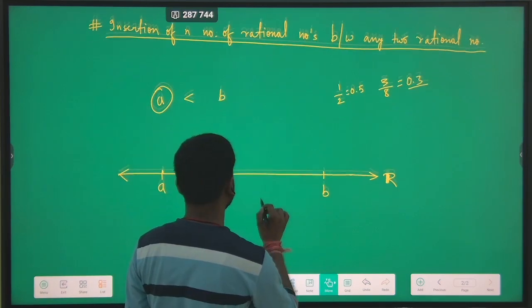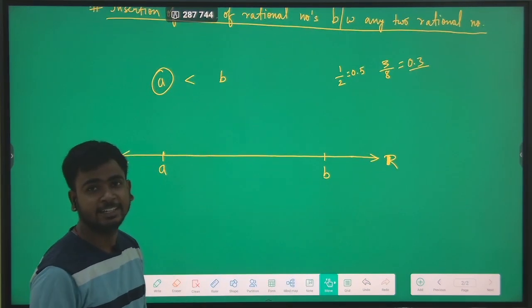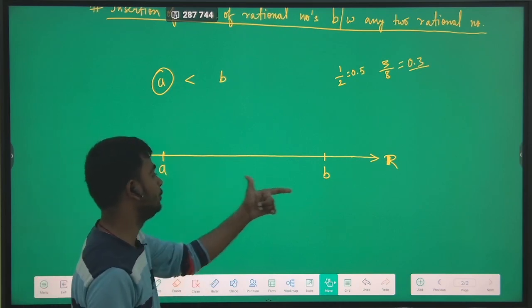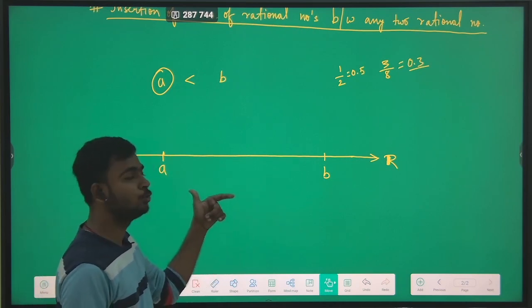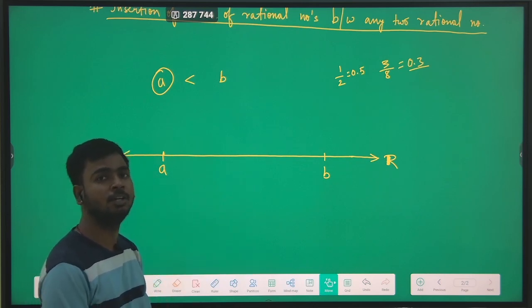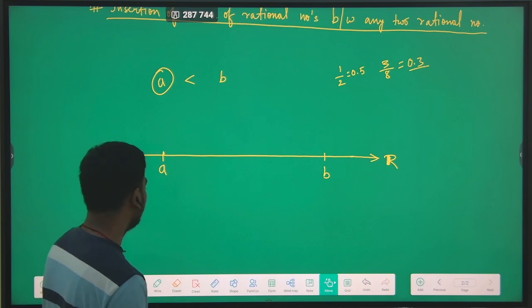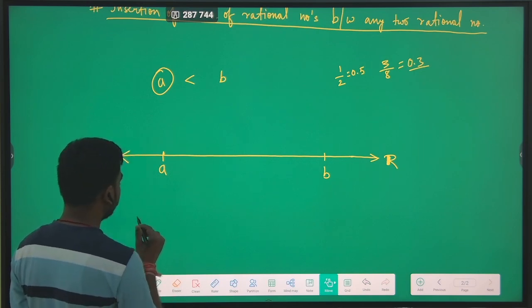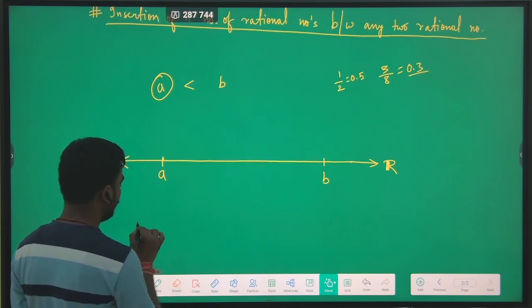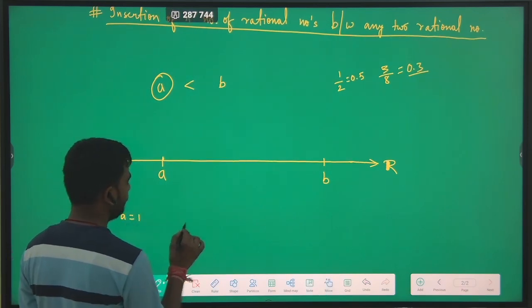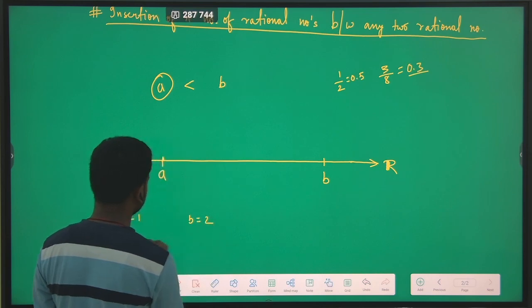So let us think that we are going to provide one rational number between A and B. We are first going to provide one rational number between A and B. So how can we do this? Let us suppose that our number A is equal to 1 and B is equal to 2.